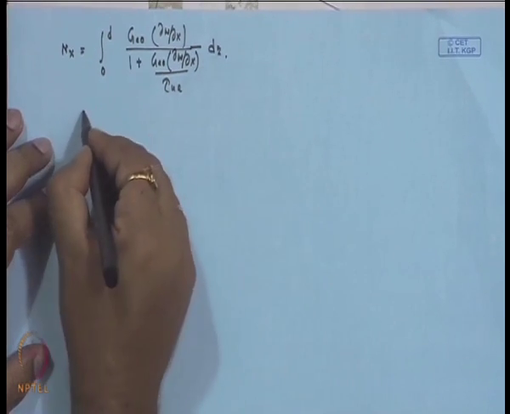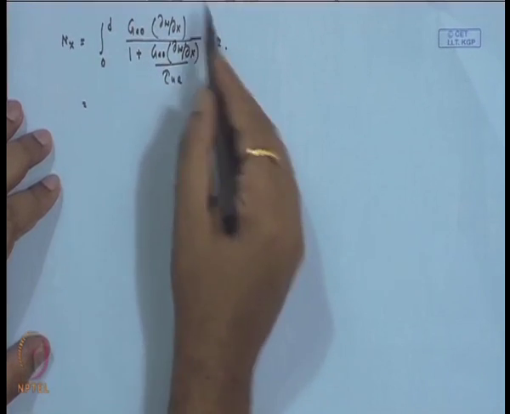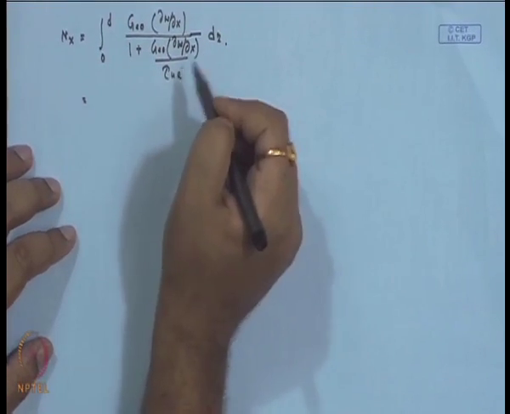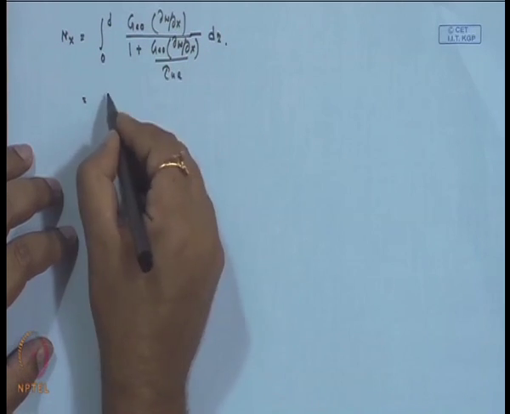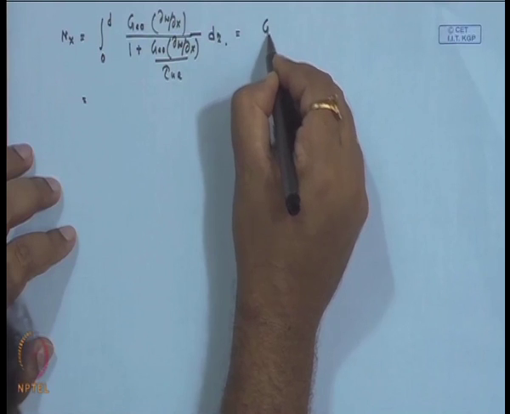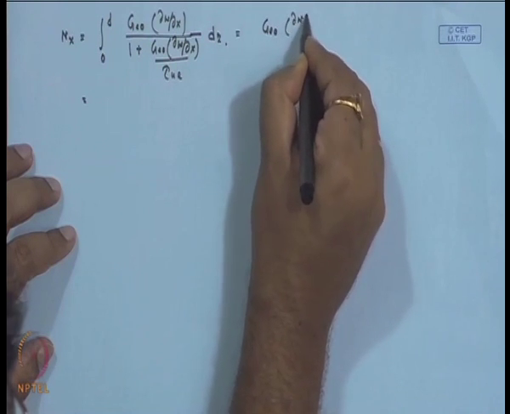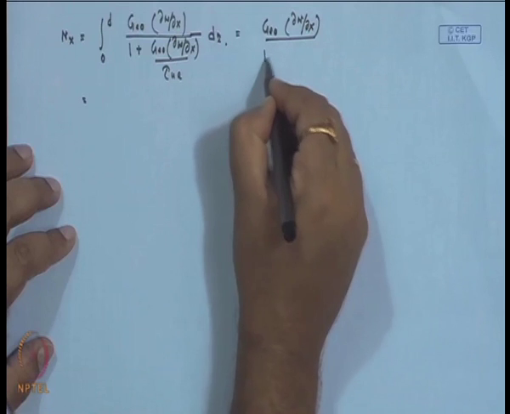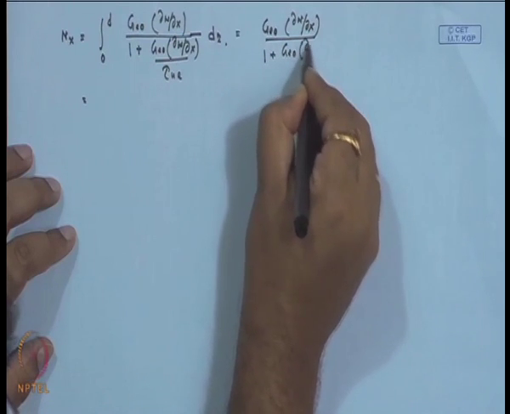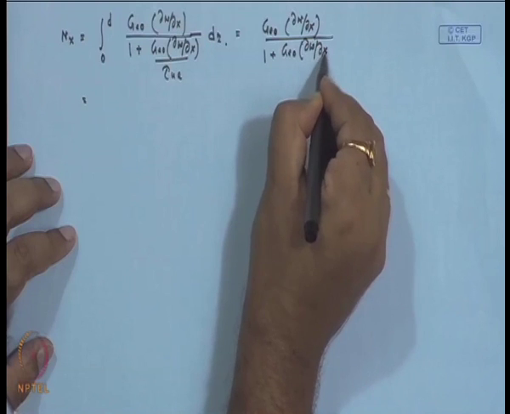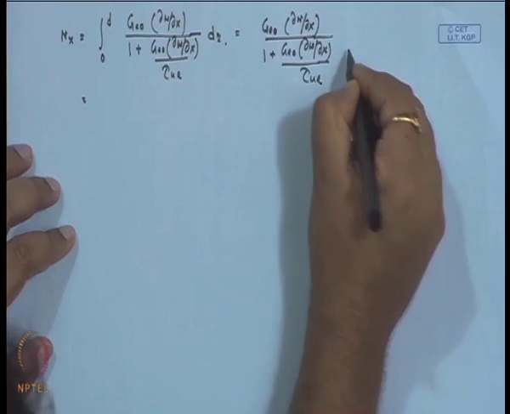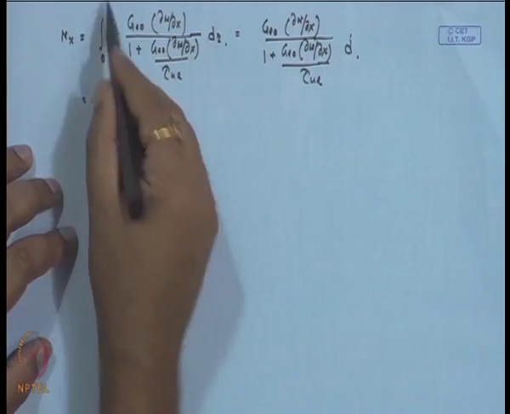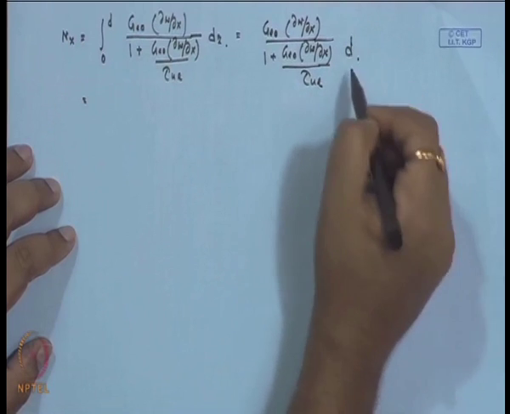So, once we derive this expression, after the derivation and the integration, putting this d value, we will get this equal to G e 0 del w del x by 1 plus G e 0 del w del x divided by tau u e, into d, because integrating from 0 to d you will get d after integration.